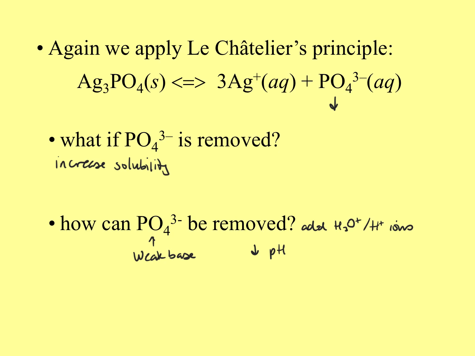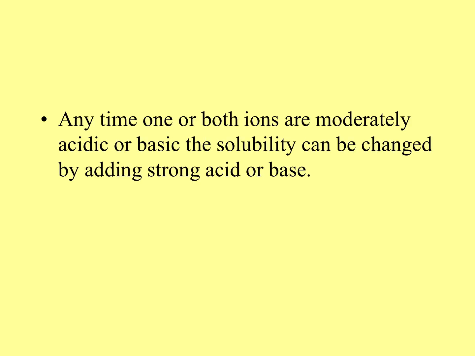It can't be negligible, because if it's negligible, then it will have no effect on the solubility in terms of changing the pH. So what to note is that when either ion is moderately acidic or basic, the solubility can be changed by adding a strong acid or a strong base.